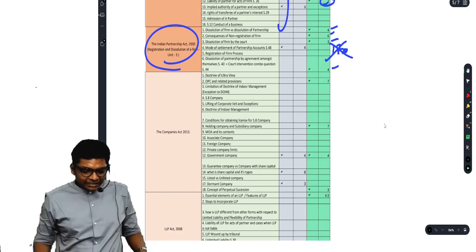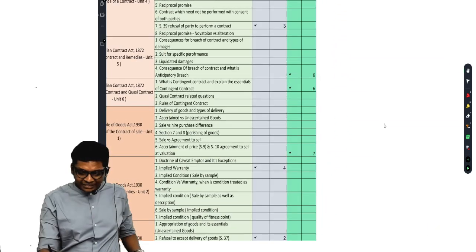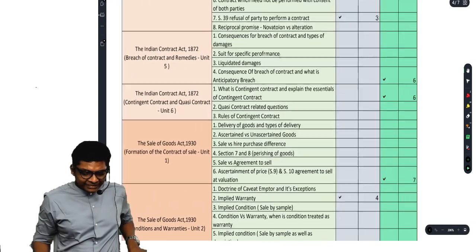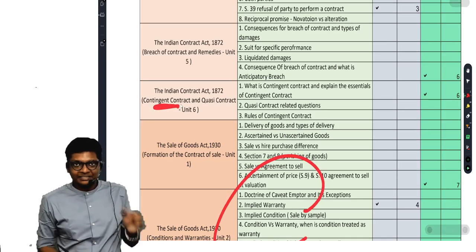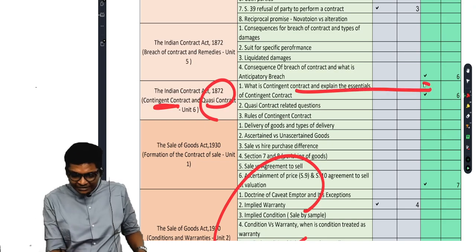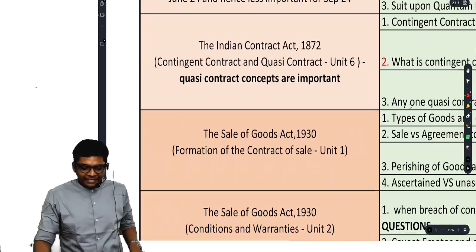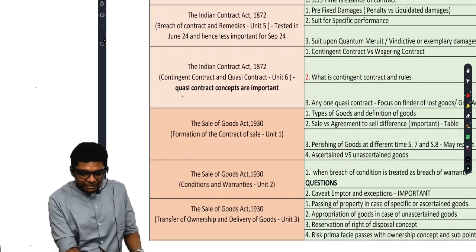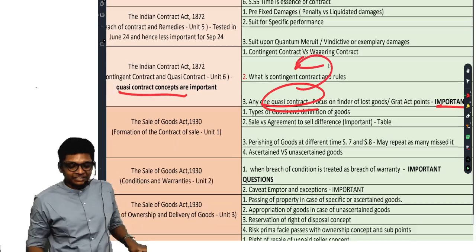Lastly, take contingent contract and quasi contract, a simple one for you to understand. Last time, in the latest June exam, they tested contingent contract. That means this time quasi contract has more chance. Last time they tested contingent contract. Therefore, this time in my expected questions, I mentioned quasi contract is more important compared to contingent contract.